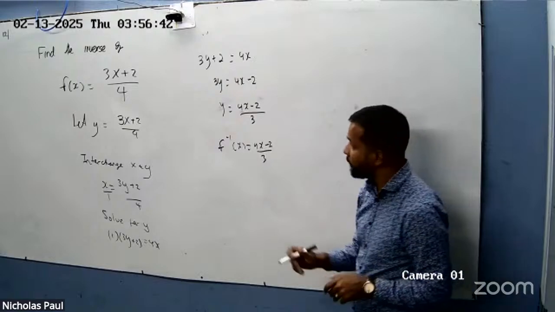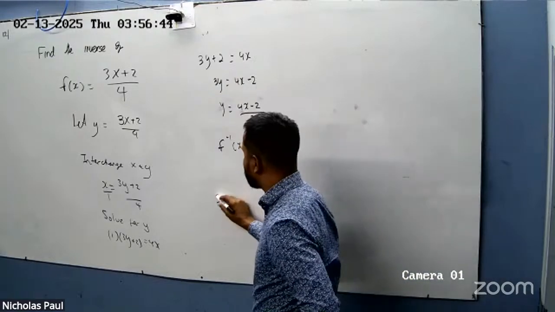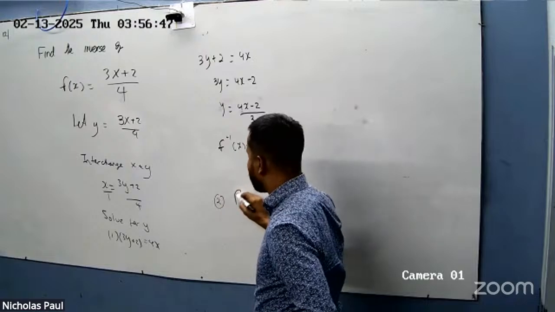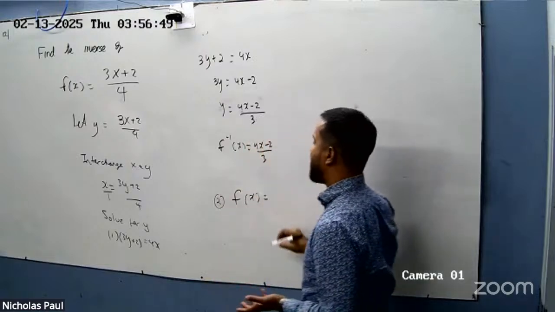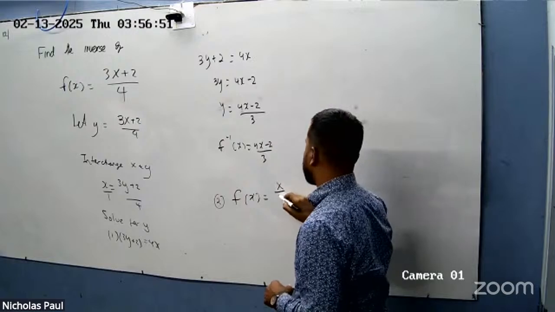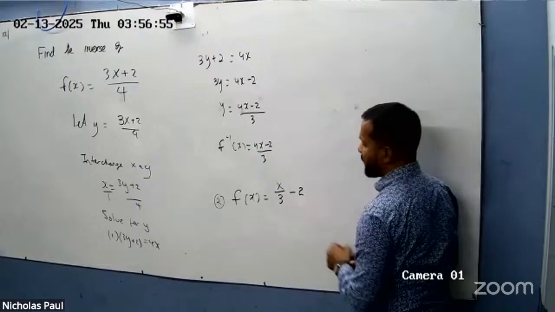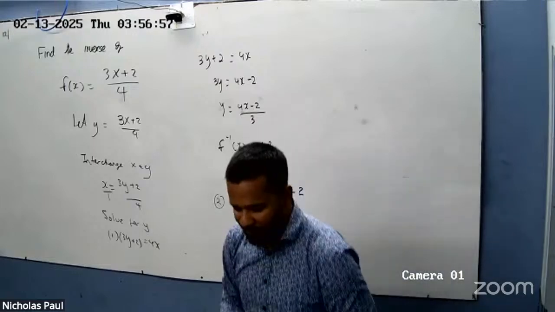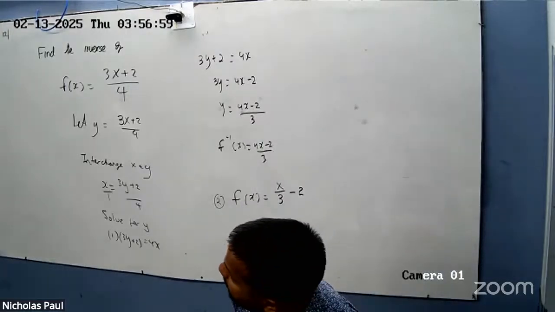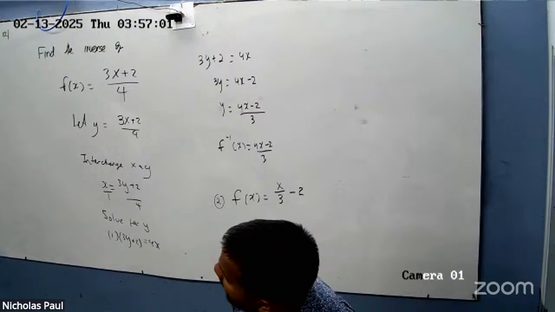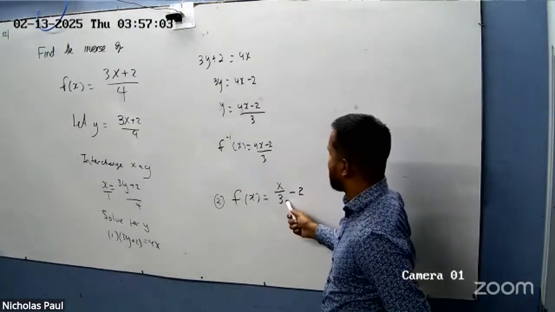All right? Again, I want to give you our next one. Find the inverse of this. I don't want to say it's harder, but try this one. Try to make this the subject. Try to find the inverse of that again. Right? Try to find the inverse of x over 3 minus 2.